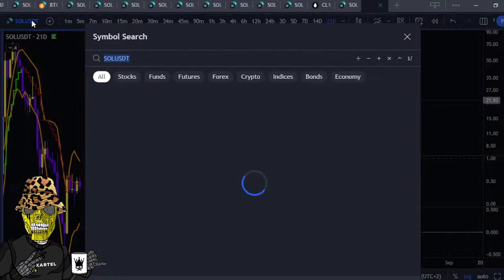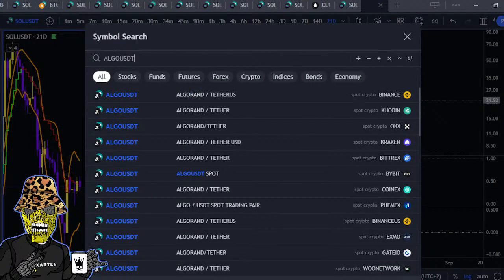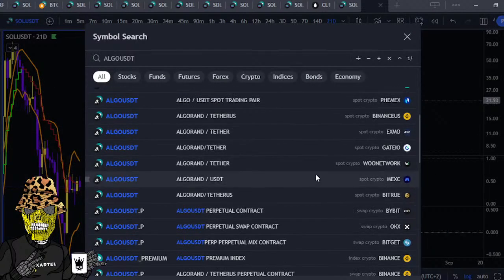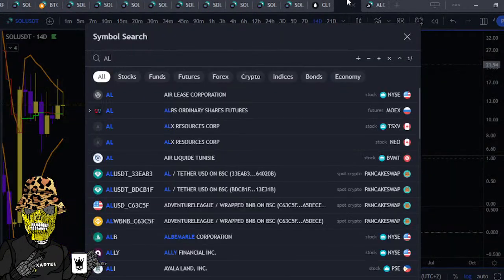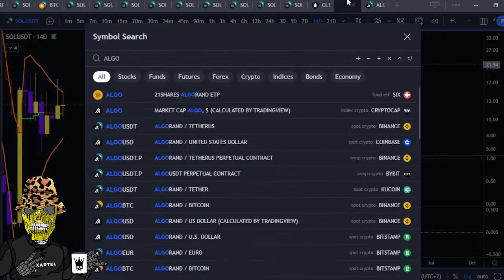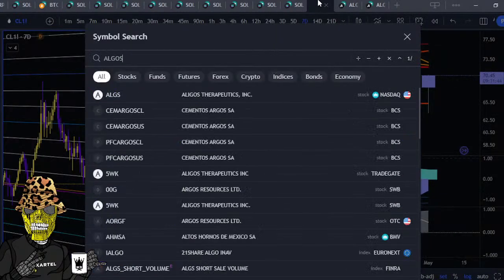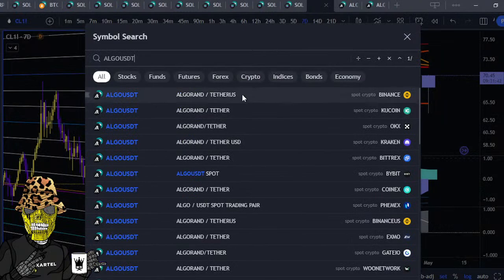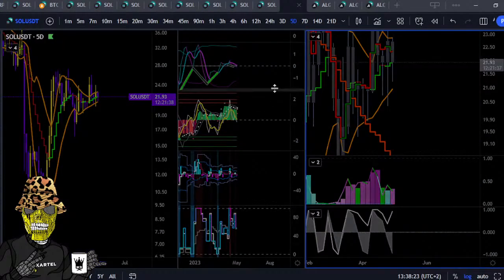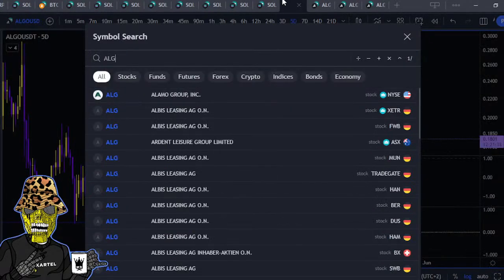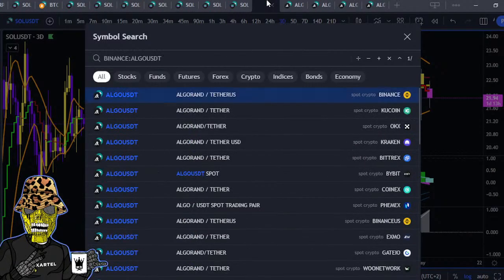Alright, who do I think has the longest look back? Algo USDT. Oh, actually, I change tabs with that one and do this. Press down and enter.